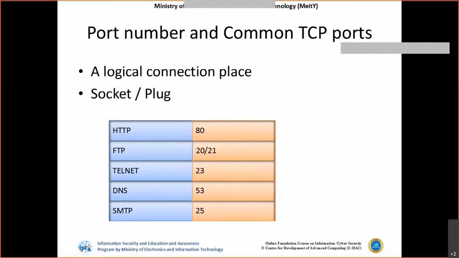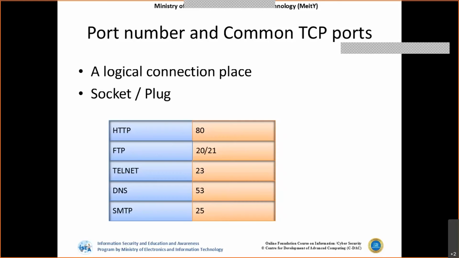The combination of both the IP as well as the port on which I'm initiating the service. So this socket will be used to differentiate or to understand the connections that are established, the connections that are initiated, and the connections that are closed on a particular system.